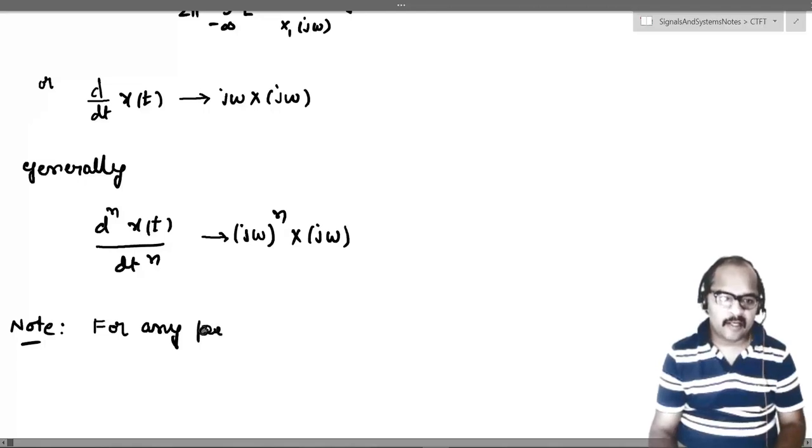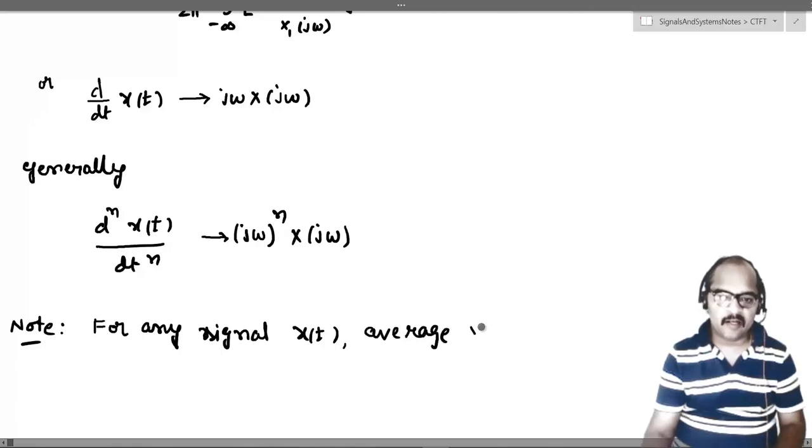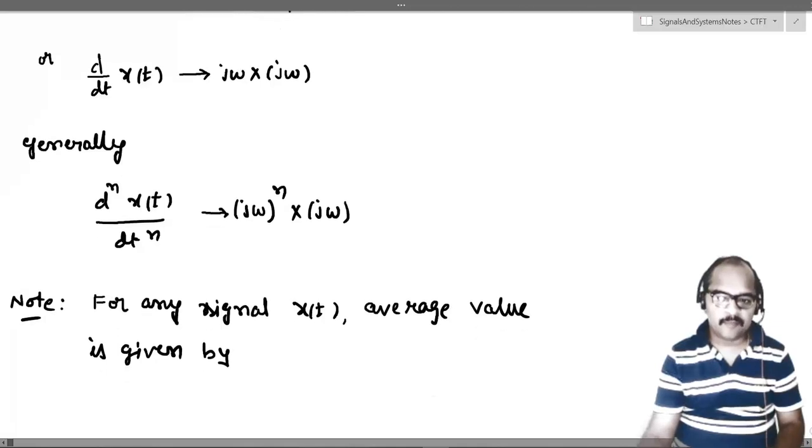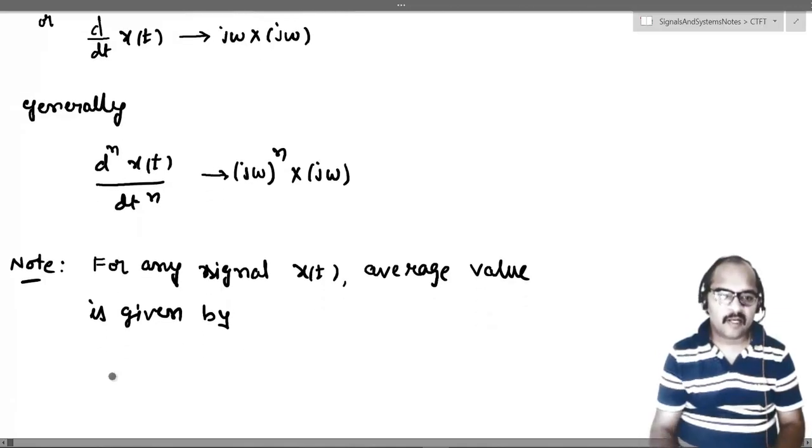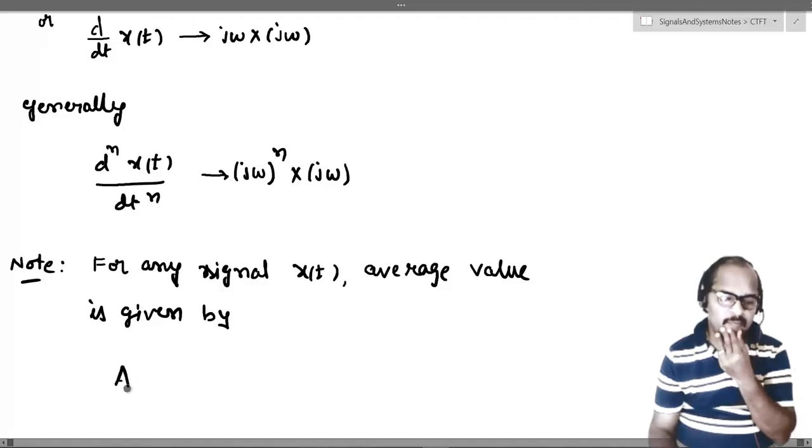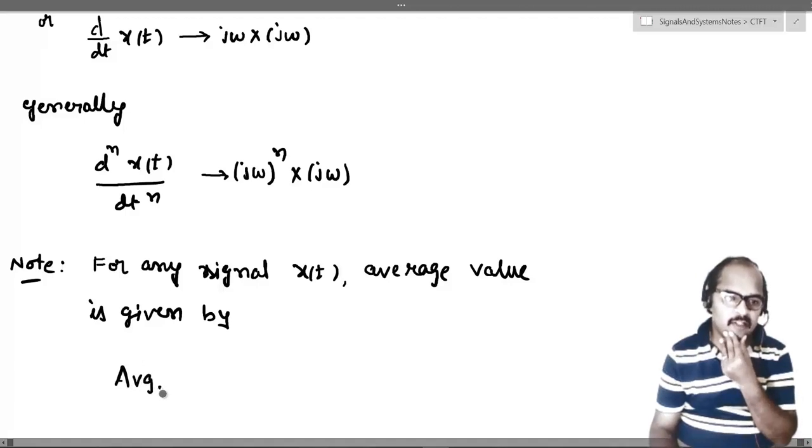For any signal x of t, not even aperiodic, the average value is given by, I'll write it as avg x.